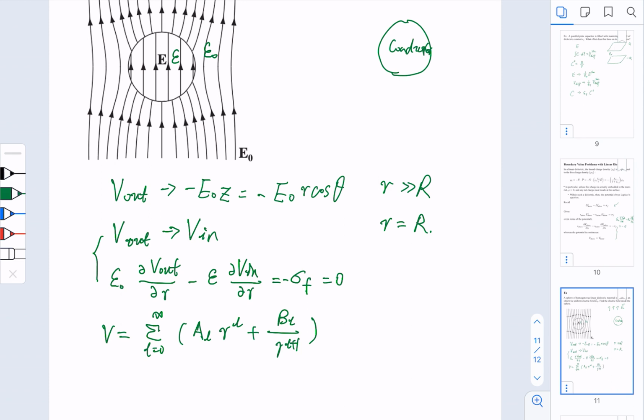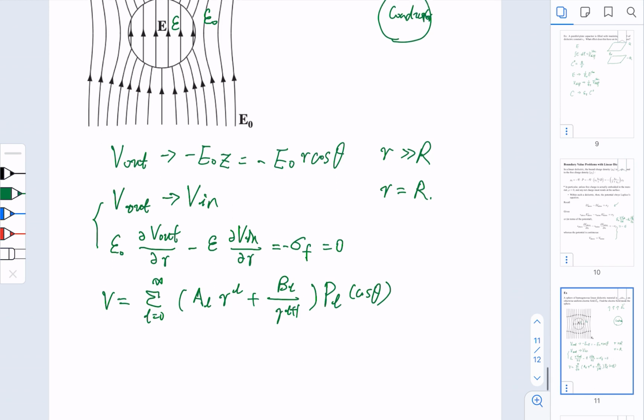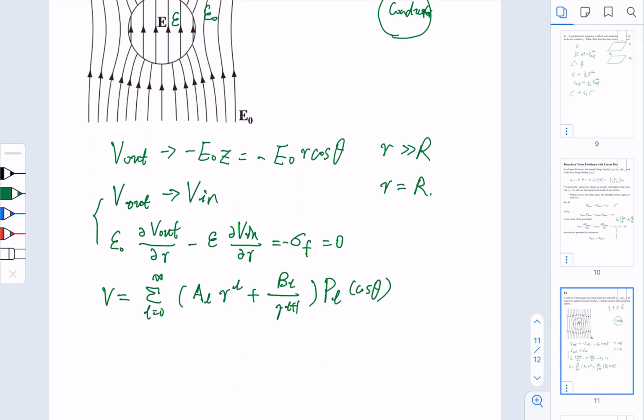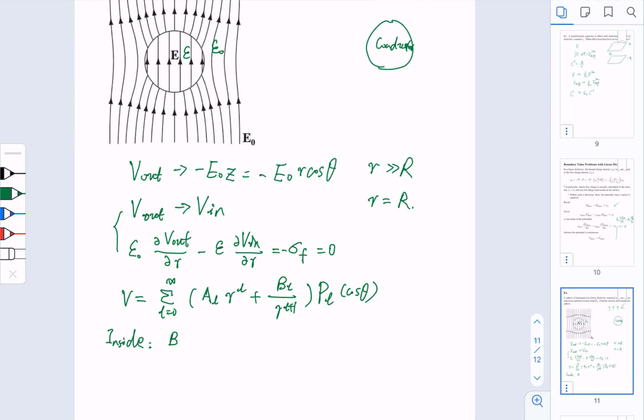This is the radial solution, and the angular solution is simply the Legendre polynomial. So inside the sphere, as we just discussed earlier, because it cannot diverge at the origin, the B_L should be all 0.